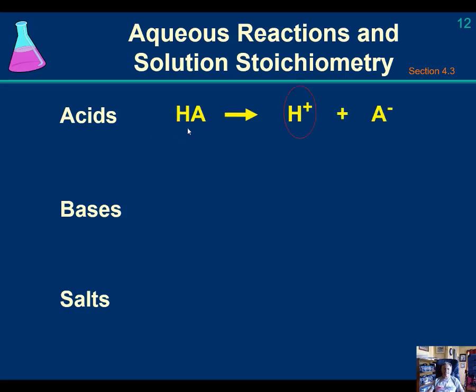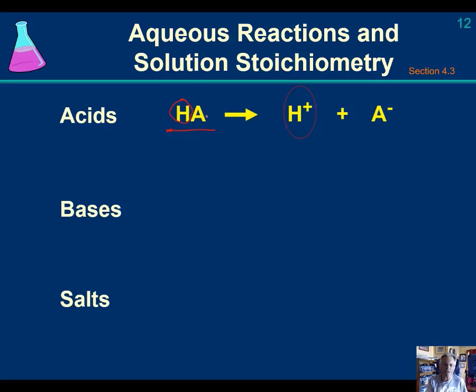So an acid is a substance that donates hydrogen ion to an aqueous solution. So here is our generic acid. We're simply going to call it HA. You're easily going to be able to recognize acids because they start with H in this domain.